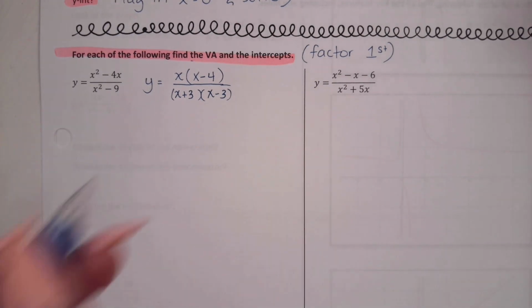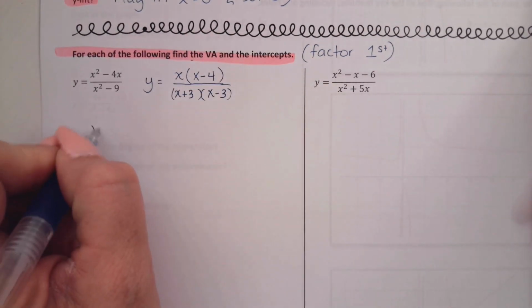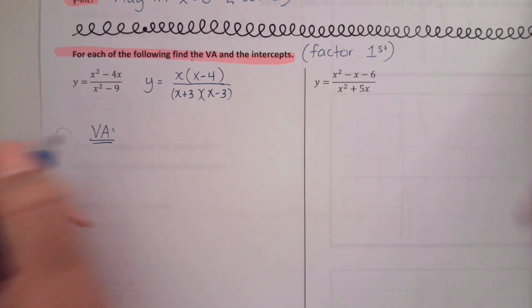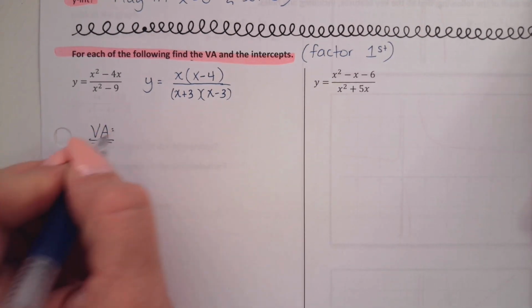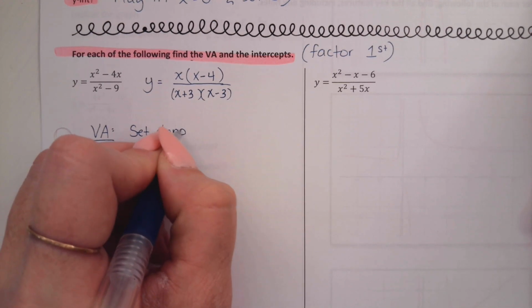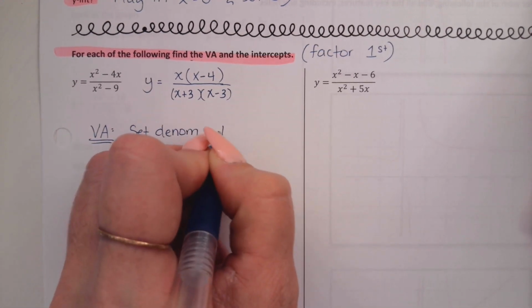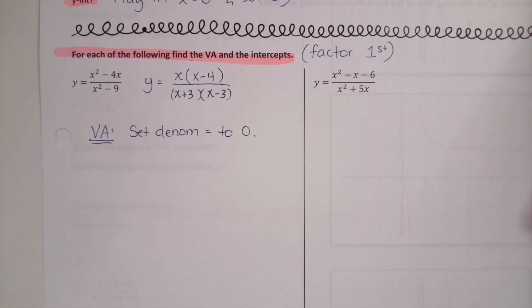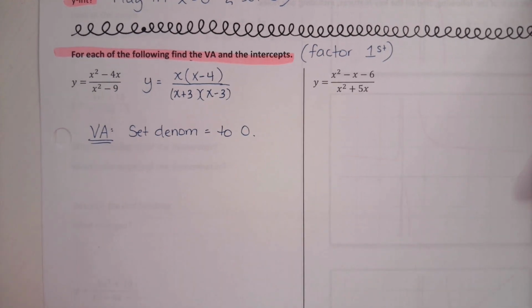So I'm going to start by finding the vertical asymptote, the VA. On this one, we're going to take the denominator and set it equal to 0. So if I have two factors in the denominator and I set that equal to 0, how many vertical asymptotes are we going to have? Two, yeah. We'll look at how these look later, and they look weird.